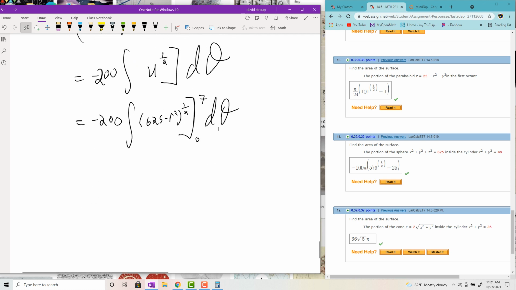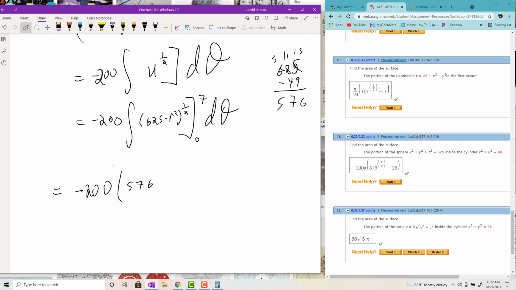So this will be negative 200, and then I have 625 minus 49. It's 576.